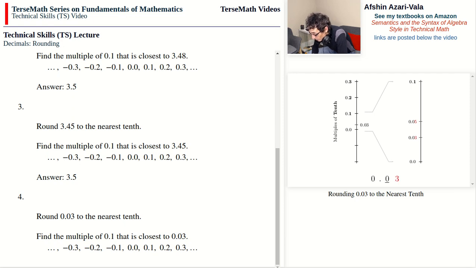The algorithm still works. We are rounding to the nearest tenth, take a look at the digit that follows, and if it's less than 5, this digit 0 does not change, and we get 0.0. Now remember that because you're rounding to the nearest tenth, just to be clear about that, we put the 0 in the tenths, and that means that this has been rounded to the nearest tenth.